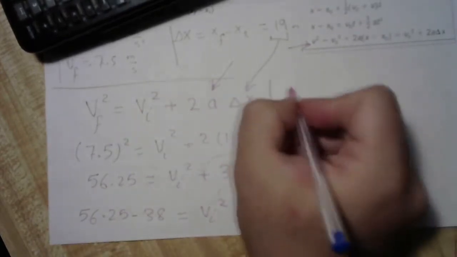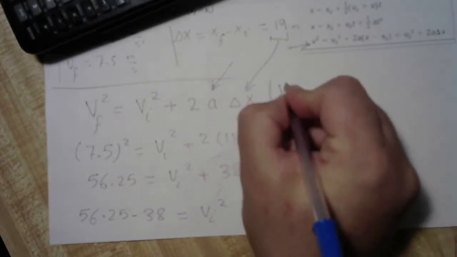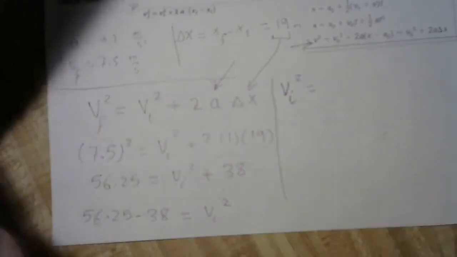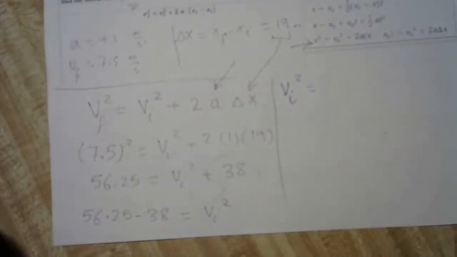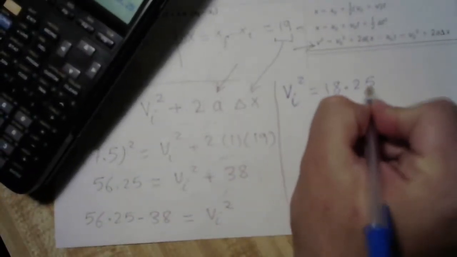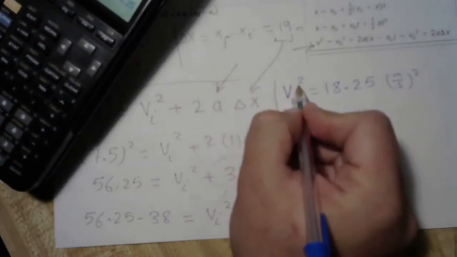Okay, v initial squared is equal to 18.25 meters per second squared, because the velocity is squared here.